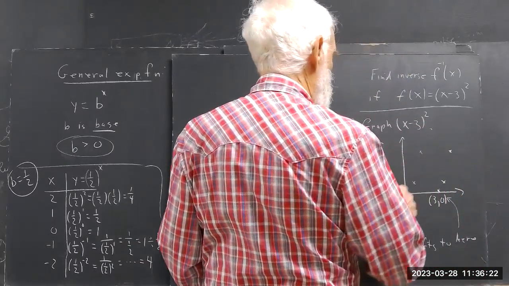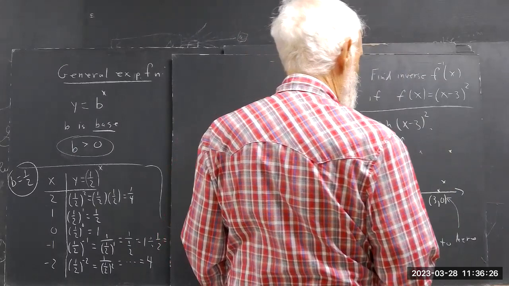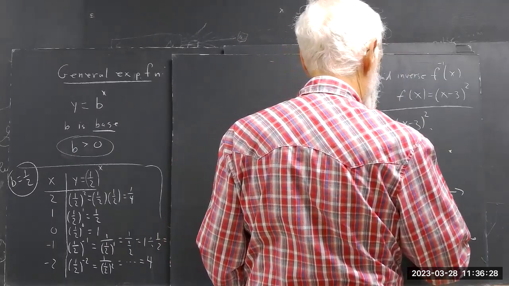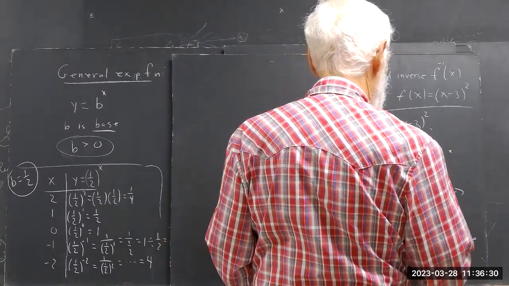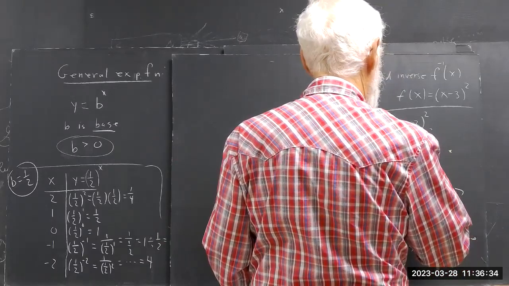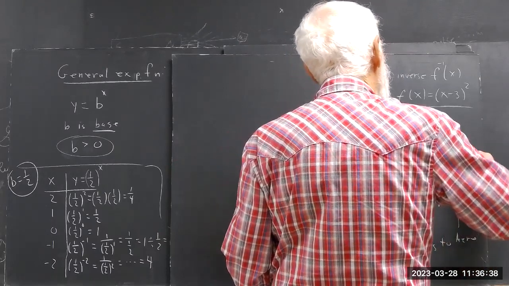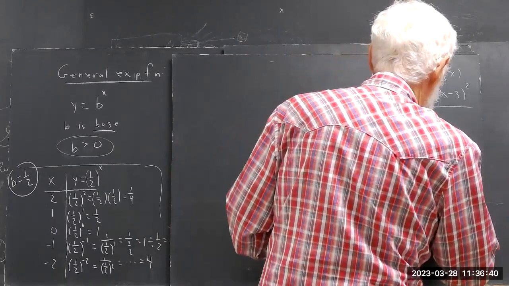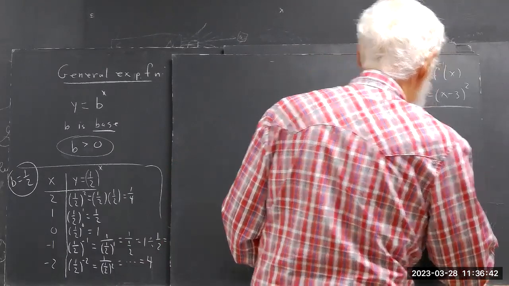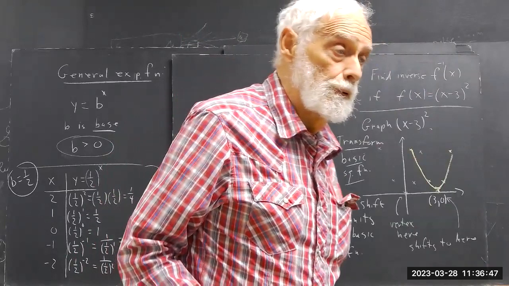The point (-1, 1) and the point (-2, 4) would shift as well. Our graph is going to look like this.